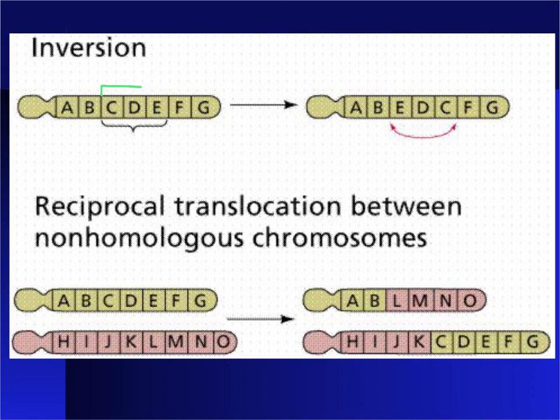So here it's CDE, and here you can see it's EDC. So it got inverted or flipped backwards. And then there's something called reciprocal translocation. So translocation is when part of the chromosome breaks off and trades places with a different part of a chromosome. So you can see that some of these letters have switched sides or switched chromosomes, and so now they're in a new location.